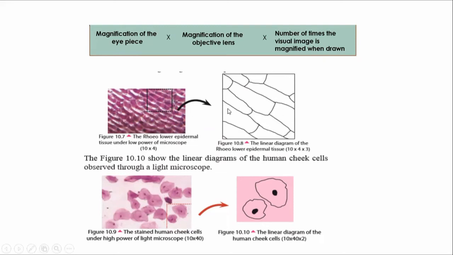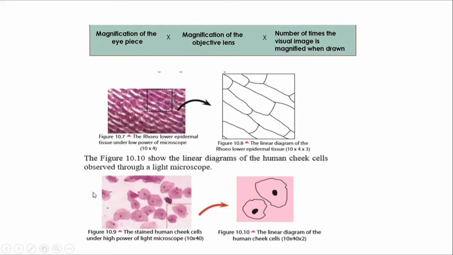When you make a rough drawing of the specimen, you need to mention its magnification as such. In this equation, the magnification of the eyepiece is 10, the magnification of the objective lens is 4, and the number of times the visual image is magnified when drawn is 3. So the magnification of this linear diagram is clearly stated.